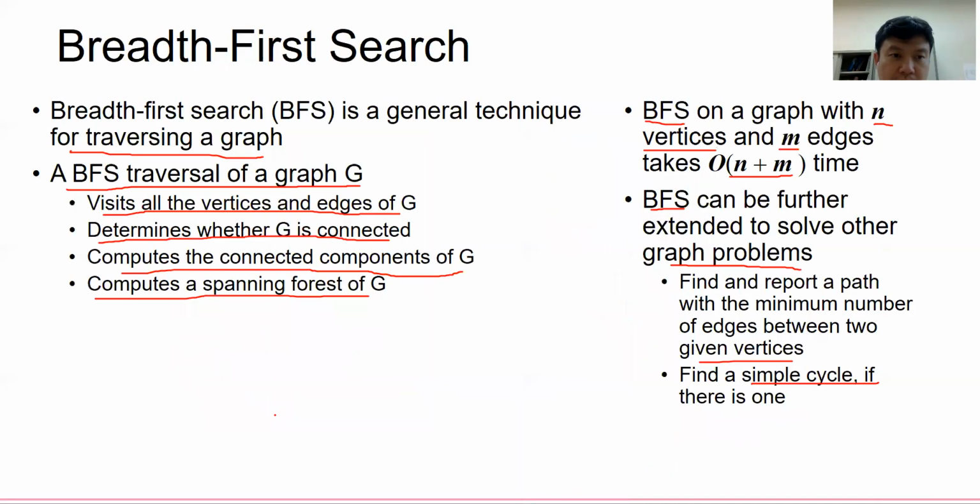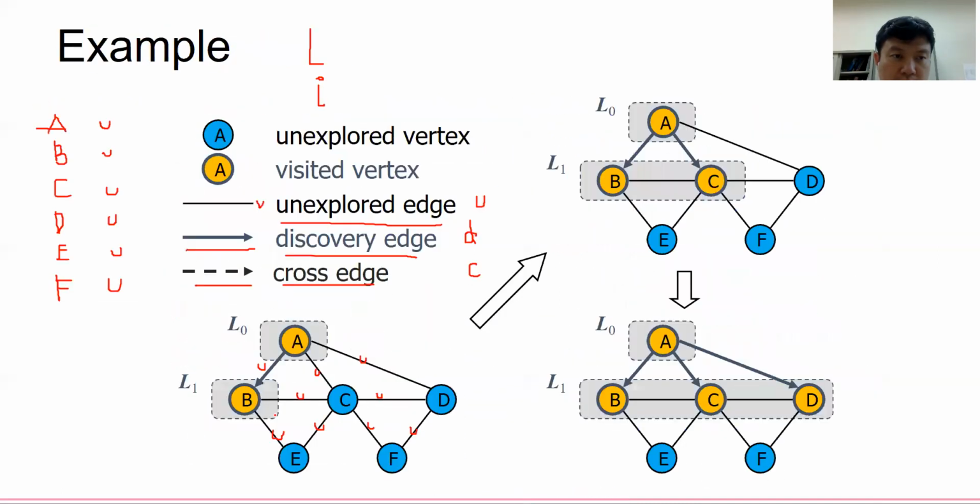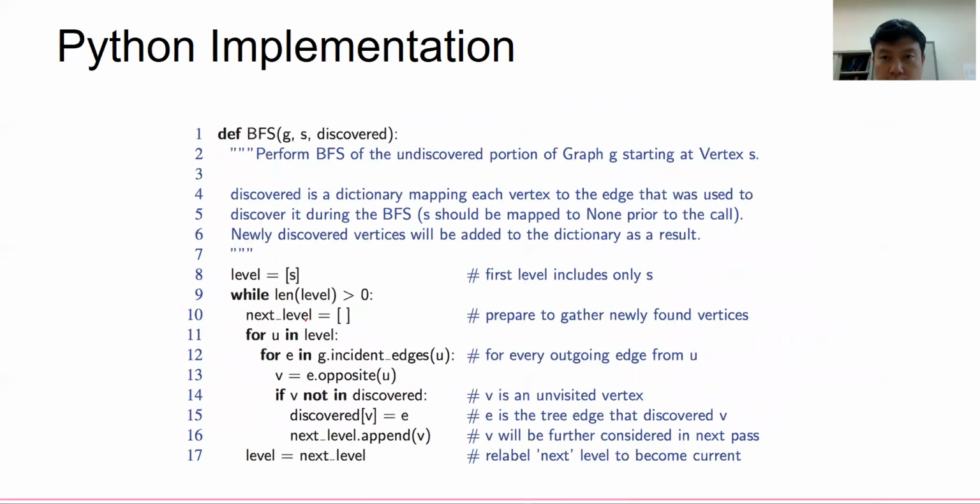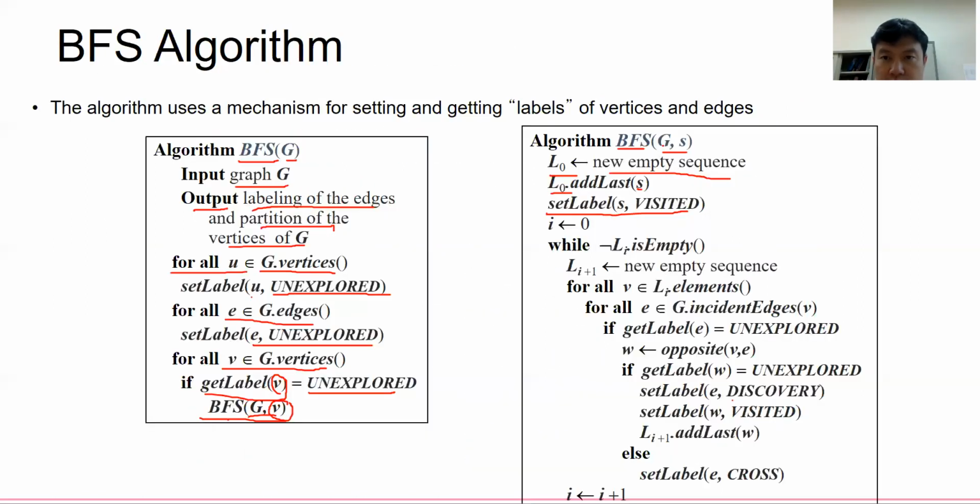Now let's see. I'm starting the search from A. We have the graph, comma A. So this is the starting point. This is A, and then L0 is the new empty sequence.